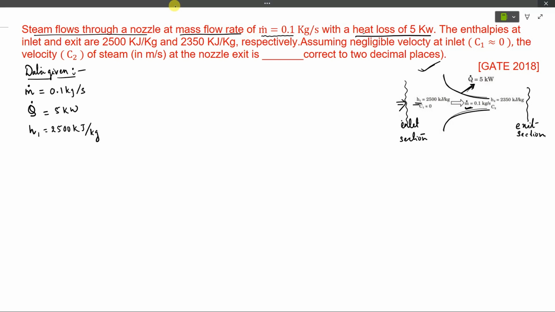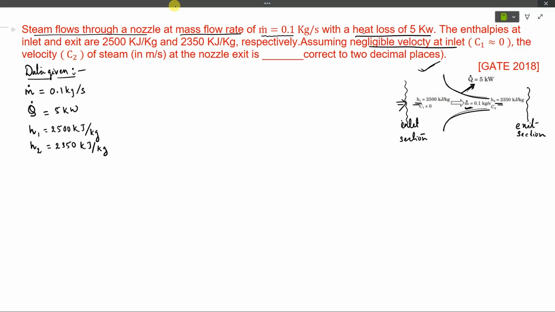Another enthalpy mentioned at the exit section, that is H2, is equal to 2350 kilojoule per kg. In this question it is mentioned that we assume negligible velocity at inlet.